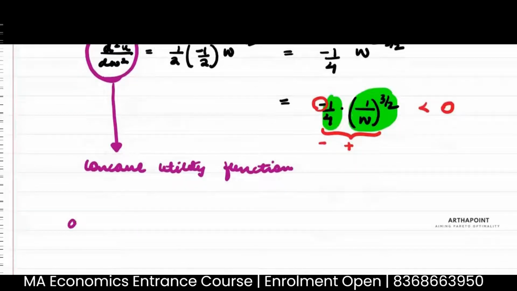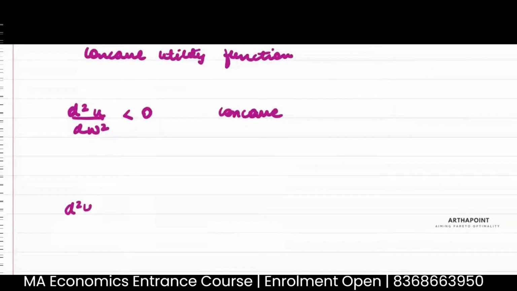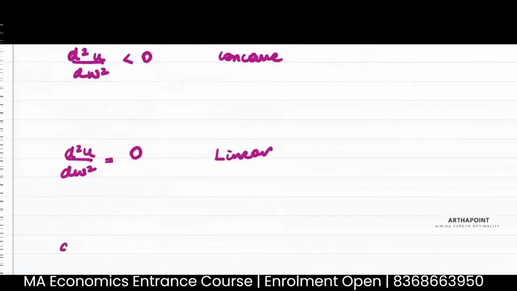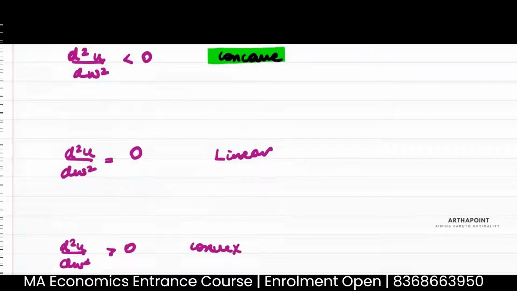So if the double derivative is less than 0, then concave. If the double derivative is equal to 0, then linear. If the double derivative is greater than 0, then convex. Concave tells me that I am talking about a risk-averse individual.